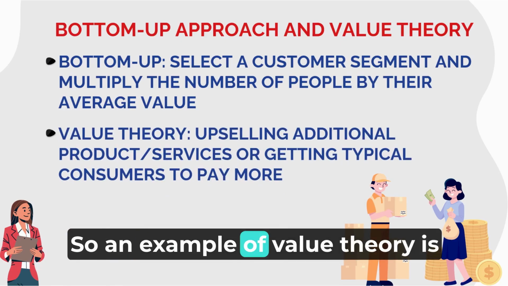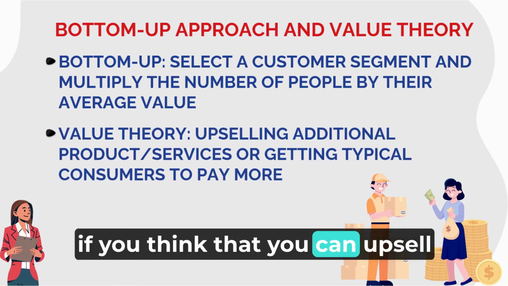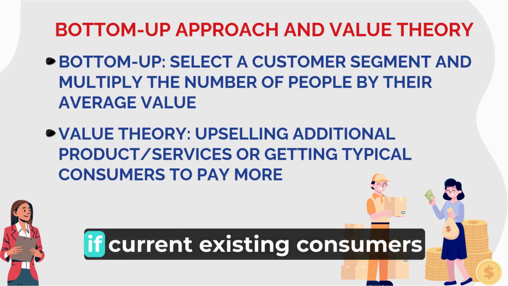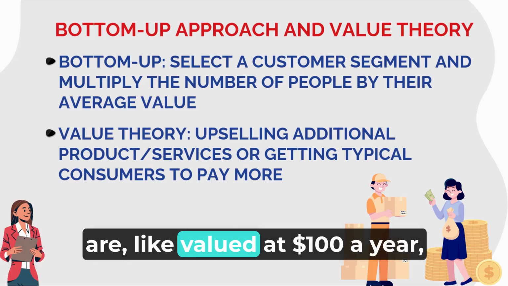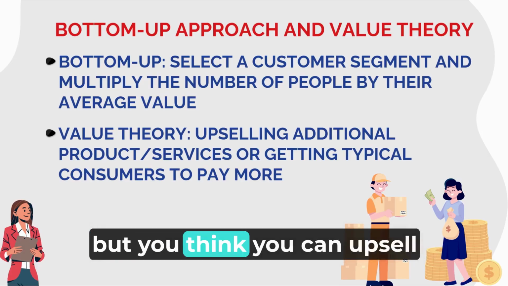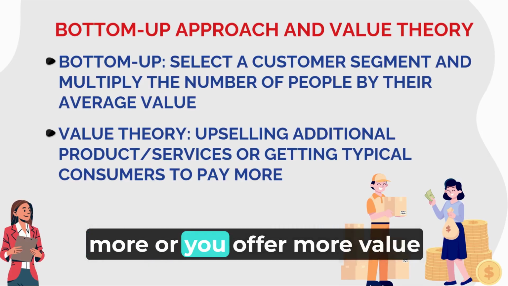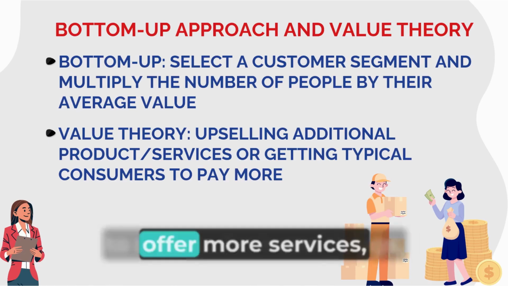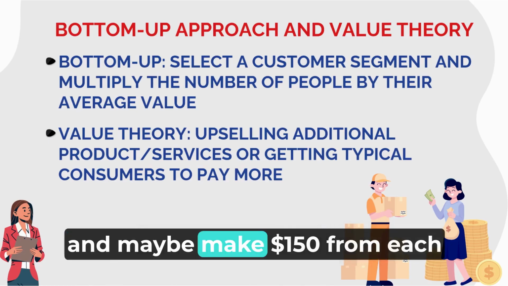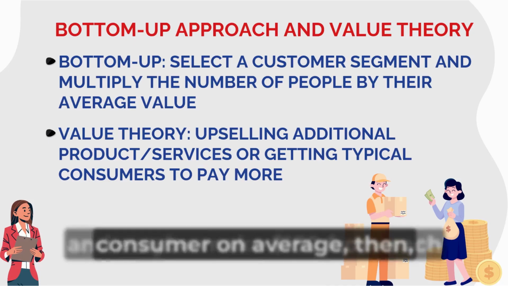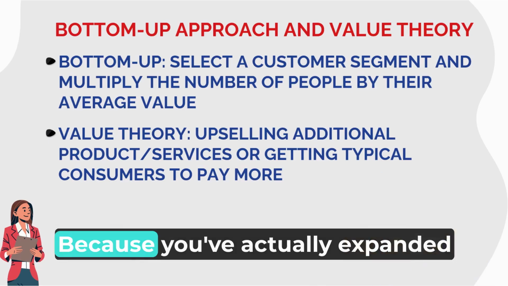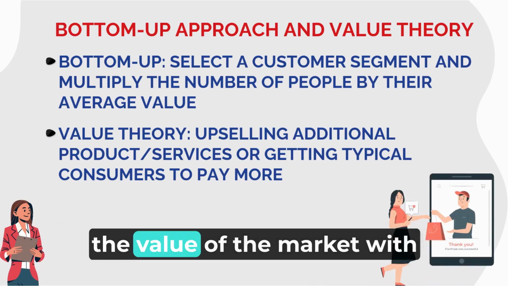An example of value theory is if you think that you can upsell more products and services to existing consumers. For example, if current existing consumers are valued at $100 a year, but you think you can upsell more, or you offer more value than that $100 a year is worth, and you're going to be able to charge for more things, offer more services, and maybe make $150 from each consumer on average, then of course you add that, because you've expanded the value of the market.